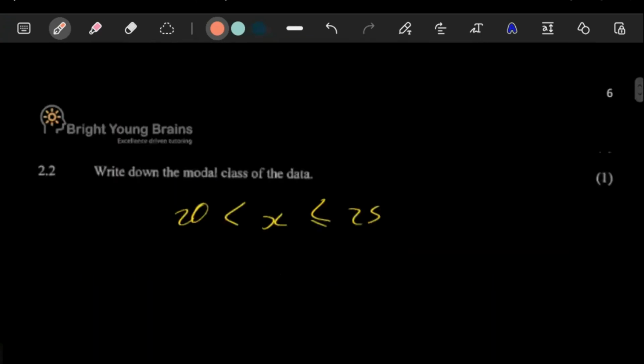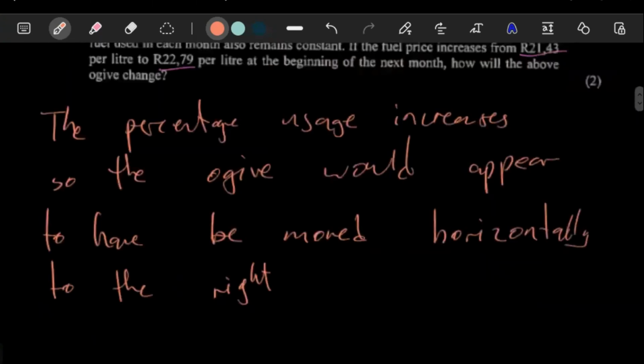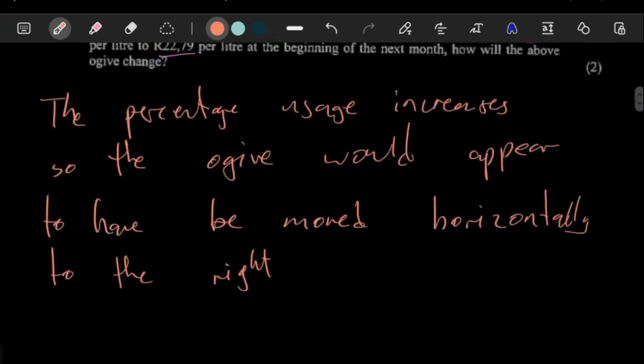So the width would also appear to increase. So here the percentage usage increases, but with that being said, it would appear to have been moved horizontally to the right, increasing the width. There we go. We can say something about the width of this OGIF. So that's going to be worth 2 marks.